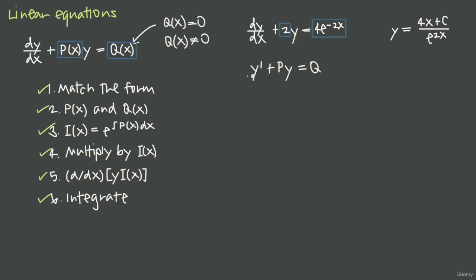So let's go ahead and multiply through by I. We'll say y prime multiplied by I, plus p multiplied by I multiplied by y, equal to q multiplied by I. So we just multiplied through by this function I. Now, we'll have to come back to this, but if we assume for a moment that we can replace this left-hand side with the derivative of I times y, so we'll rewrite the left-hand side as the derivative of I times y, and leave the right-hand side the same.